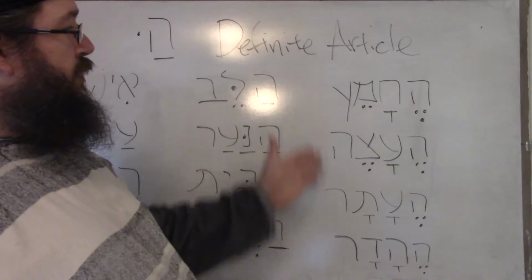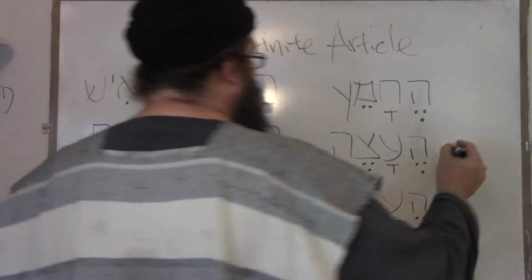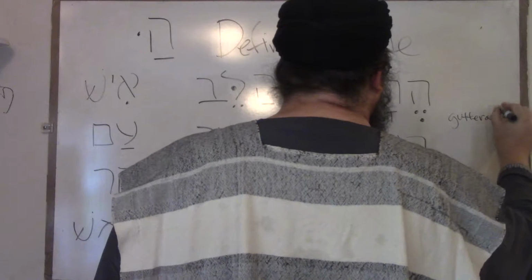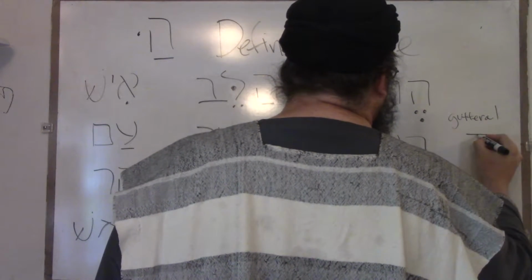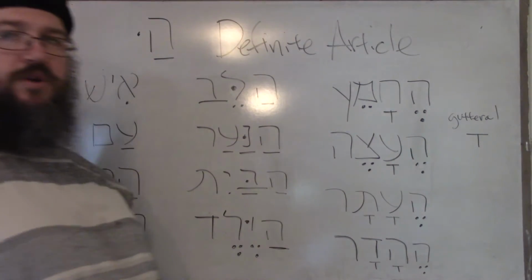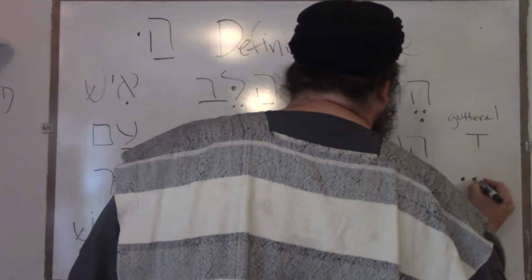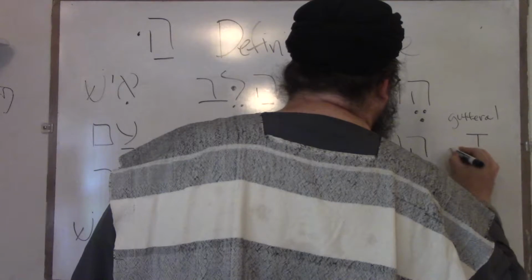And this is what we're going to utilize. So the rule over here is, if it's a guttural and the vowel is a kamatz, we're going to make it a segol underneath the hey.